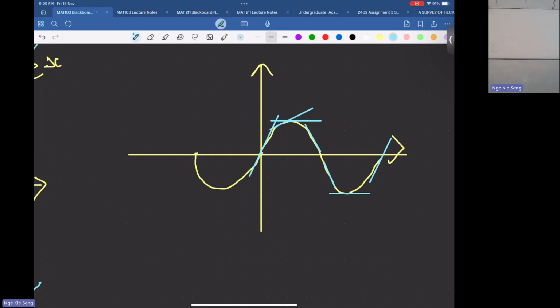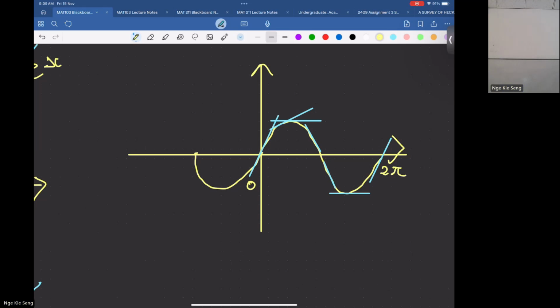From 0 to 2 pi, what happened? The gradient repeats after 2 pi, right? For example, the points 0 and 2 pi have the same gradient. Not the same gradient line, but the same gradient.